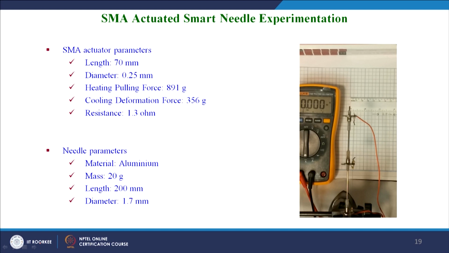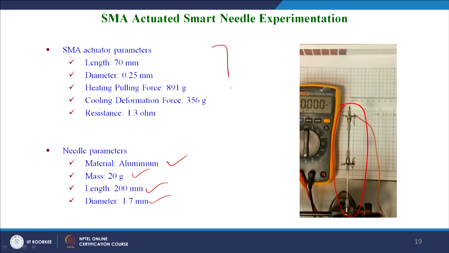Now, what you can see here is the proposed needle I have used in my study. It is of length 200 millimeter, diameter 1.7 millimeter, mass 20 gram, made of aluminum.